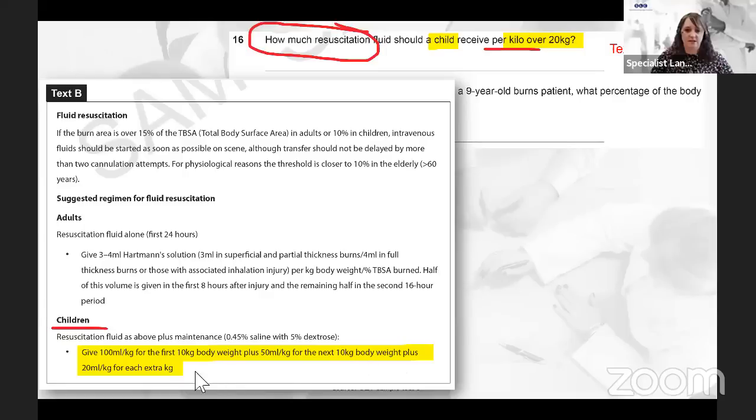So we're looking at this section here, and we have got 20 mils. Now notice that in the question, we've already got per kilo. So in our answer, we don't need 20 mils per kilogram exactly as it is in the text. All we need is 20 mils. So just make sure that you read the question carefully and you're choosing the right part of the answer.